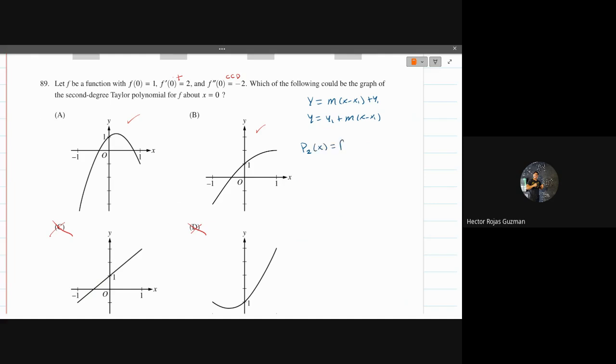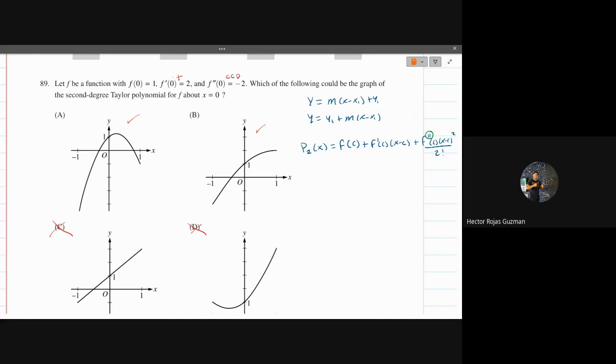Your y1 would be whatever value you get at c. C could be any number, right? Whatever they tell us to center it. Plus m. M is a derivative. Times x minus c. Plus f double prime of c times x minus c squared over 2 factorial.